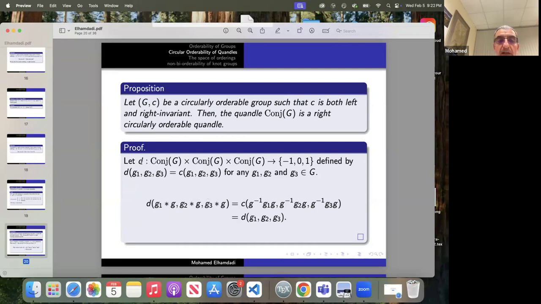You start with the circular ordering on the group, which is denoted by C, and you define the following map D being the same as C, and one has to check that it's invariant from the right, and bicircular orderability gives you that.